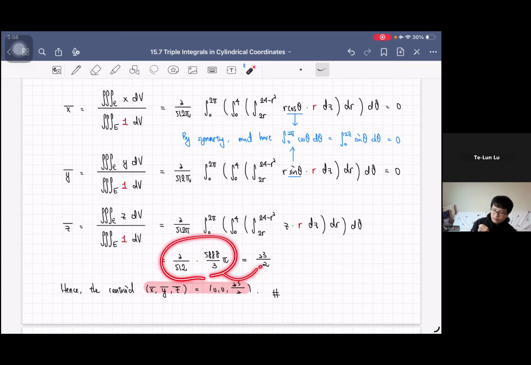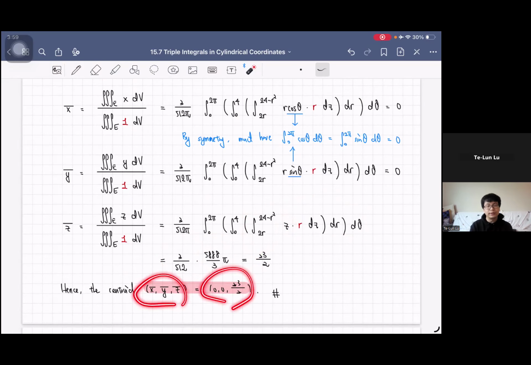And then you finally get 23/2. So the so-called centroid, x bar, y bar, z bar, is 0, 0, 23/2, and you can consider that strange solid as that point. In a sense, if you want to analyze, say, the motion or how force acts on this object. Okay.